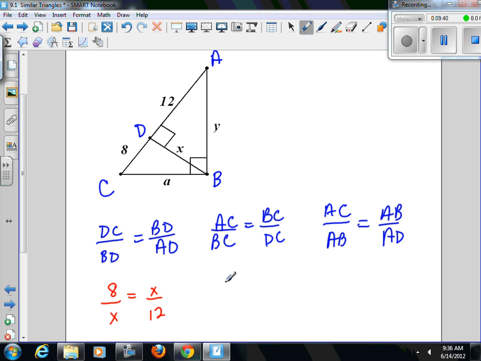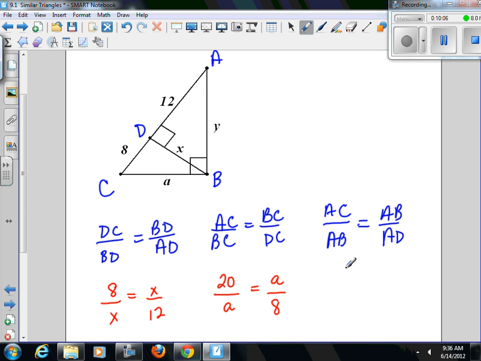I'm going to plug in the values for all of the other proportions while I'm here. Let's see. AC, do we know that? Yes, AC, 8 and 12 gives us 20 for AC. BC is A. DC is 8.